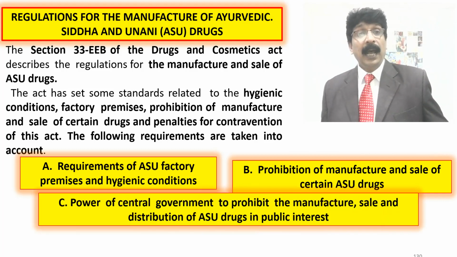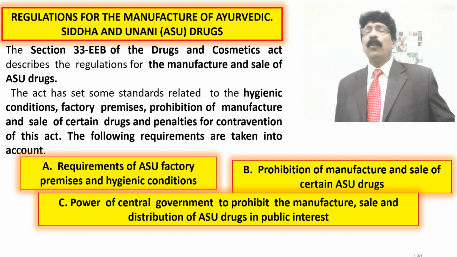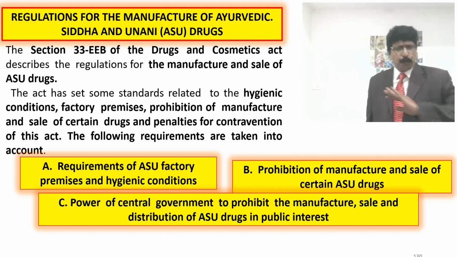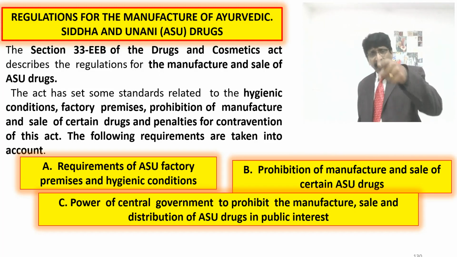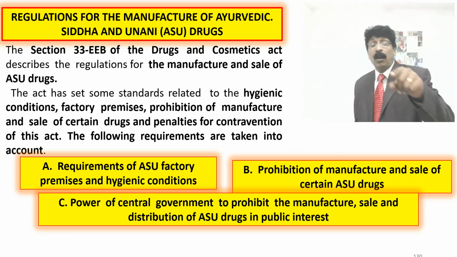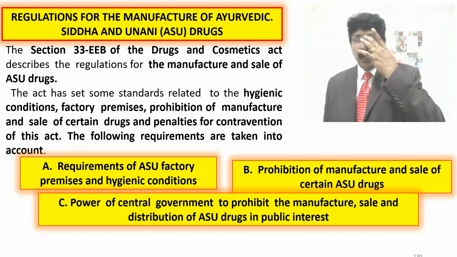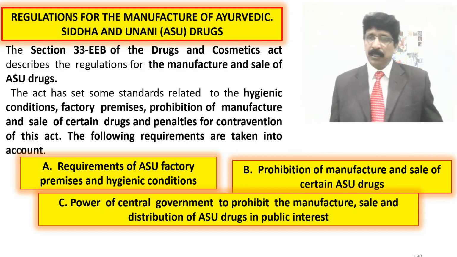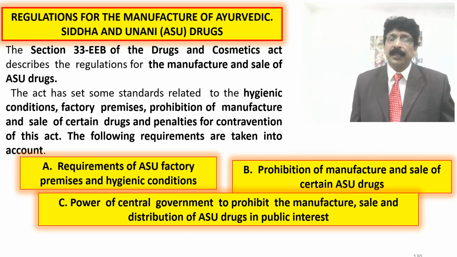C: Power of the central government to prohibit the manufacturing, sale or distribution of Ayurveda, Siddha, Unani drugs in public interest if they are not following the rules or the guidance given by the authorities.